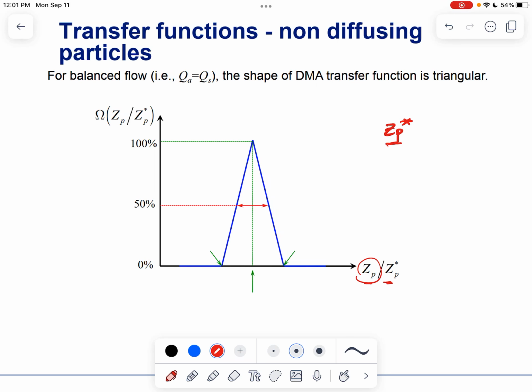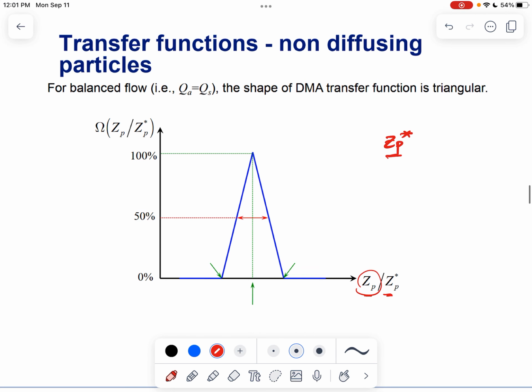For example, if you're collecting 10 nanometer, 100 nanometer, or 200 nanometer particles, the centroid or perfect mobility is different. But based on the derivation we have right now, this transfer function shape is not dependent on the particle size. No matter what particle size you are talking about, it is independent of particle size.